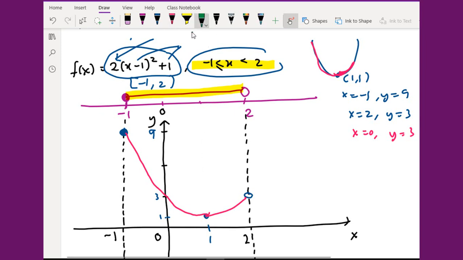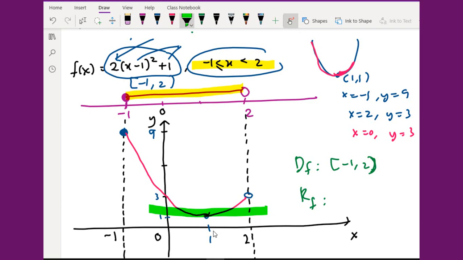Now, with the domain given from negative 1 to 2, we are going to find the range of f. For the range, check the y values. From here, below here, no graph, starting from 1 included for y.